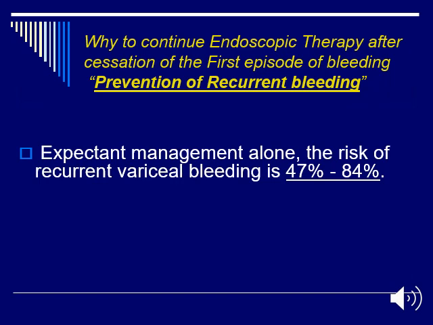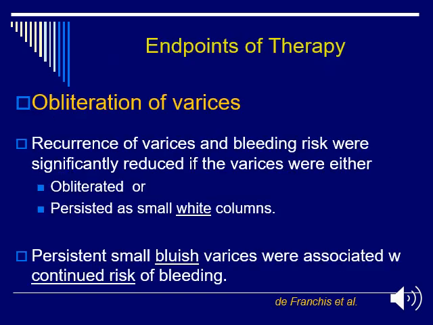Okay, you are successful and the patient stopped bleeding. If you just stopped there and didn't do anything, you will have a 50 to 80% chance that the patient will have recurrence of the bleeding. And that's why the end point of the treatment is the obliteration of the varices. If you obliterate the varices, there is no chance that it will bleed.